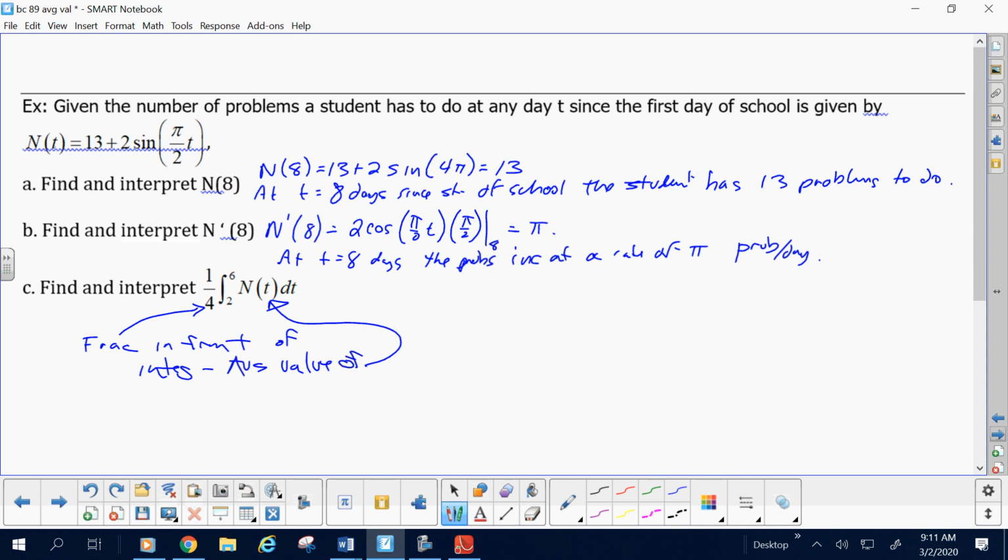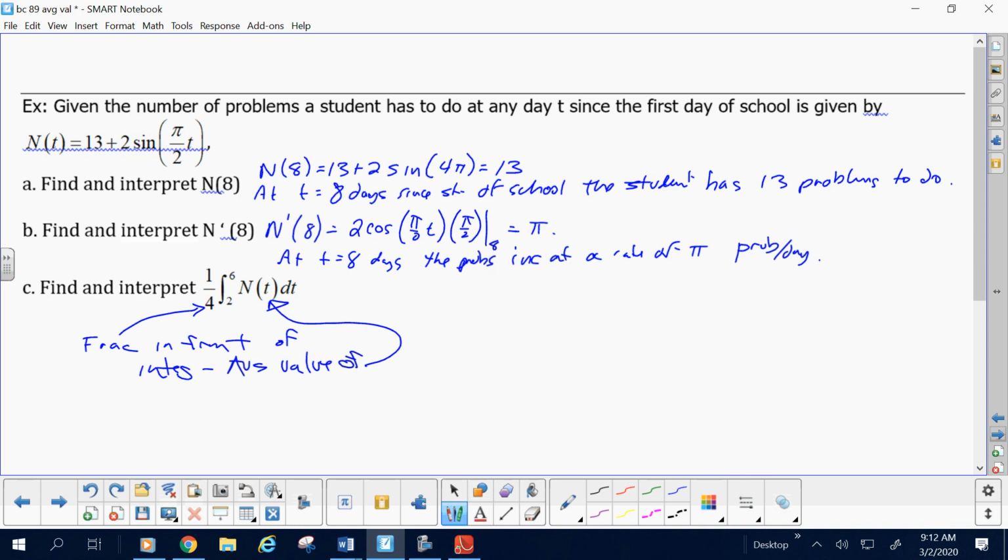We could put that in and integrate it and get a number. I know, just by basic sinusoid knowledge, that whatever that answer would be, it should be between, what's the least this could be? 11, and the most it could be? 15. So whatever this comes out to is between 11 and 15, I know that.